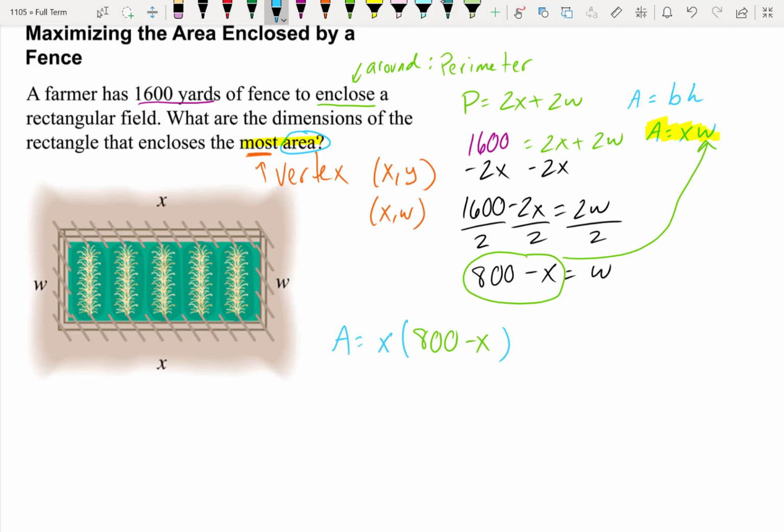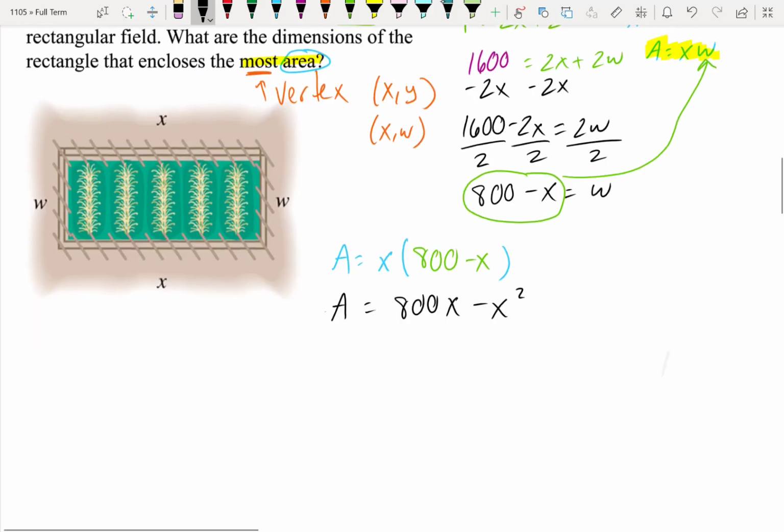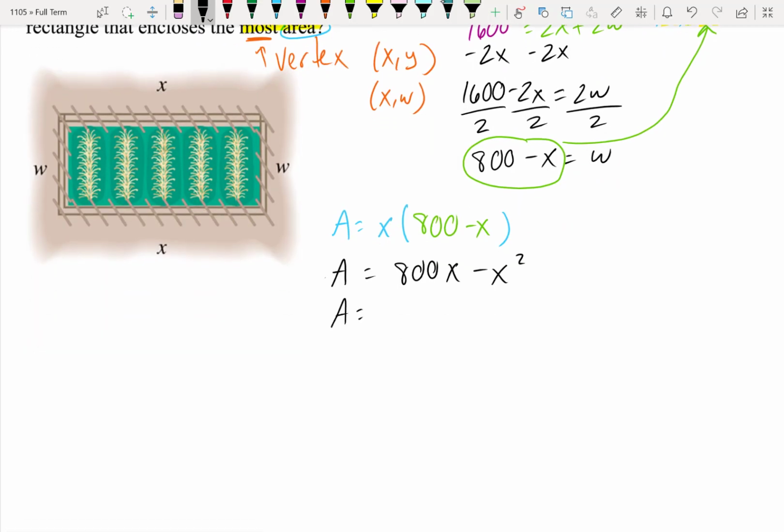And from here, let's just simplify. We have a equals 800x minus x squared. But let's rewrite that. So a equals negative x squared plus 800x. And remember that this is the a and that's the b. A is going to be -1.